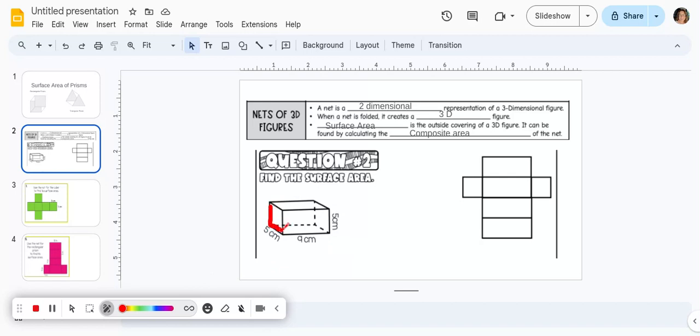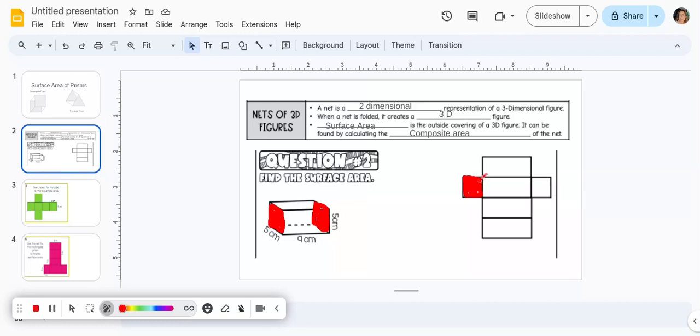What I want to do is look at these two sides of the rectangular prism. We know those are kind of the short sides, right? They're opposite of each other. And the one thing we know about opposite sides of rectangles is that they're equal. So if they're opposite sides of a rectangular prism, they're also going to be the same.